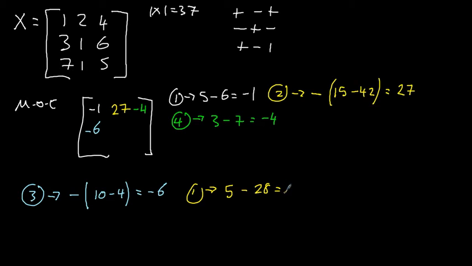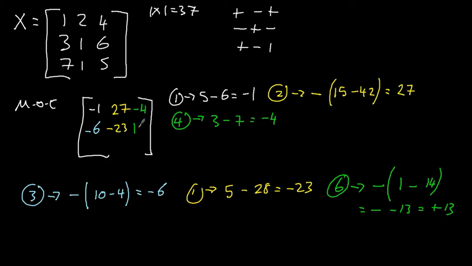That's like 28 take away 5, which is 23, but you change the sign, minus 23. And for the 6, second row, third column, it is a minus, so it's going to be minus 1 times 1 take away 7 times 2, because with the 6 we ignore its row and column. 1 minus 7 2s is minus 13, which equals plus 13.